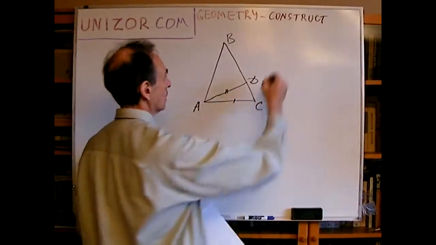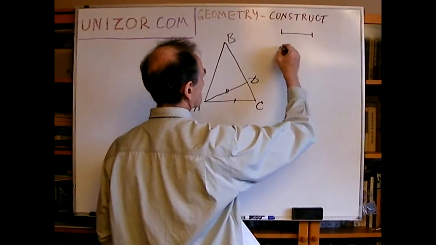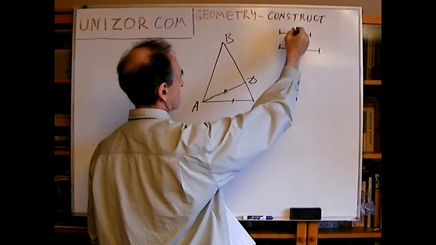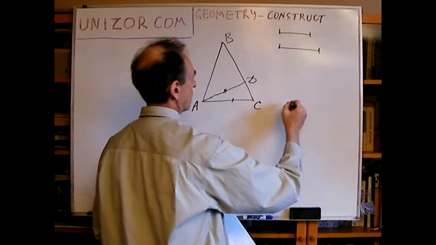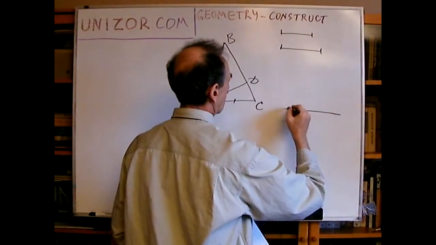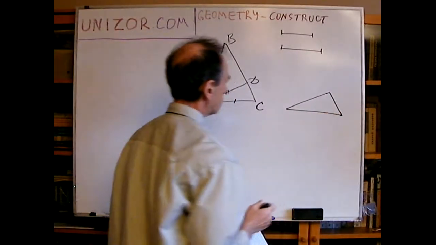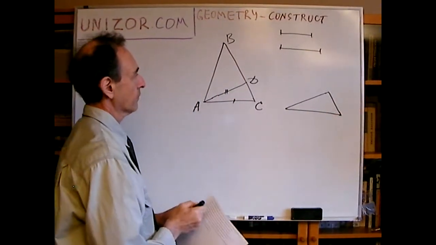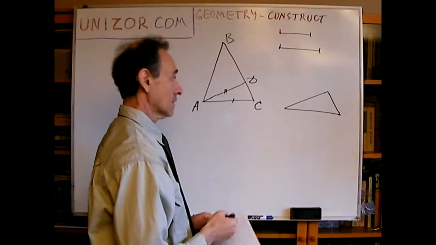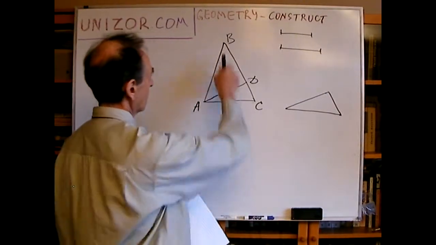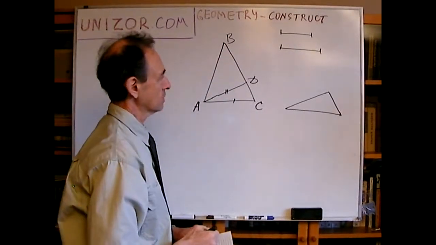So if my segments, this is AC and this is AD, this is altitude and this is the base. So using these elements, I construct right triangle. Okay, that's the beginning. Now what should we do? How can I get this third point of the triangle?